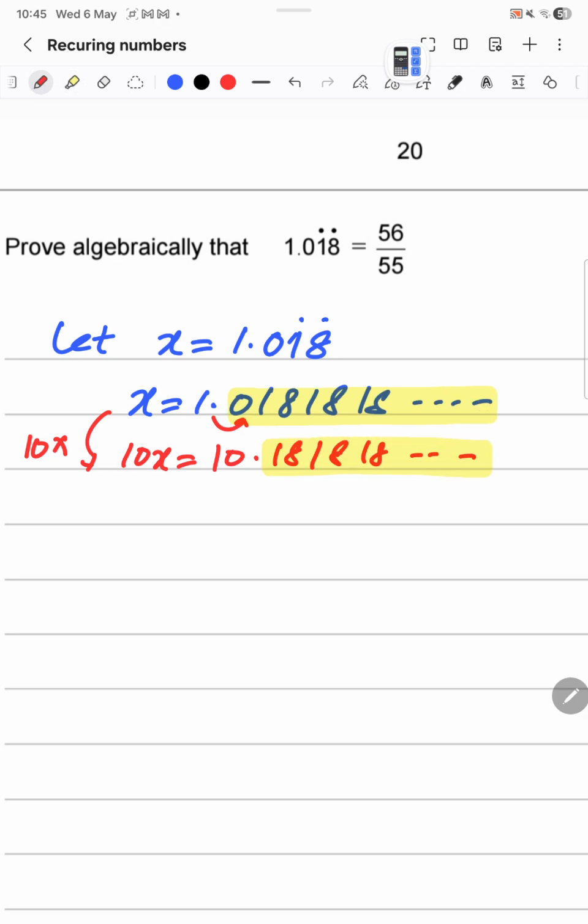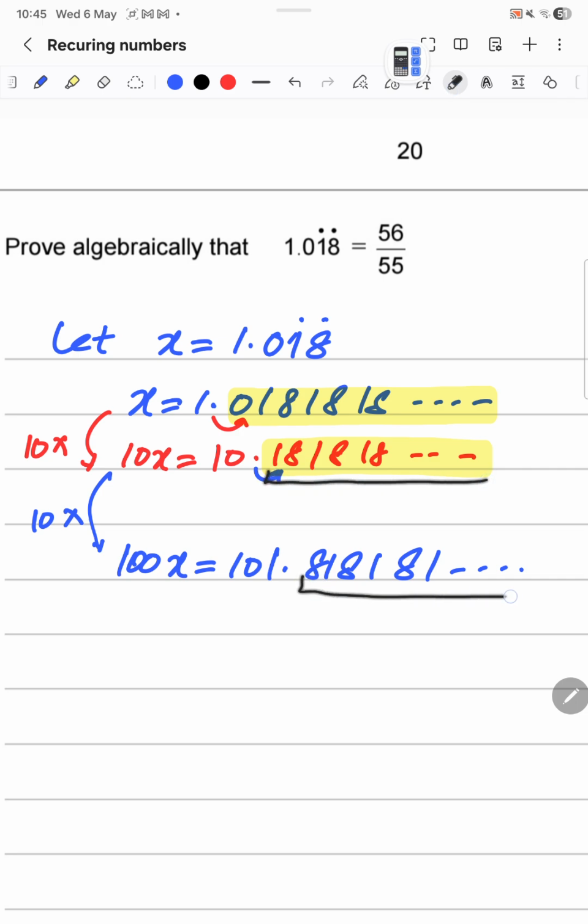Comparing the decimal parts, the decimal part is not the same yet, so you need to times by 10 on both sides again. It will become 100x, and the decimal point will move one digit to the right, so it will become 101.818181 and so on. If you compare with the top one, you've got 1818 and 8181, so the decimal part remains different.